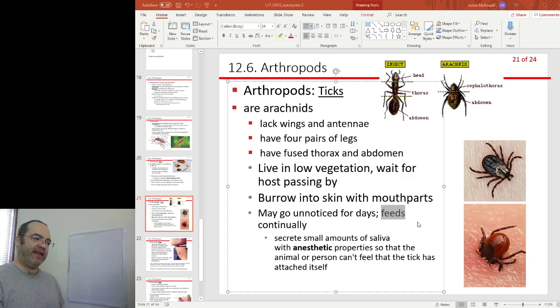So ticks are feeding on blood, and ticks have all kinds of tricks up their sleeve too. Their saliva can contain anesthetic chemicals so that you don't realize that the tick is biting, because the tick wants to stay attached for quite a long period of time to get a full meal.